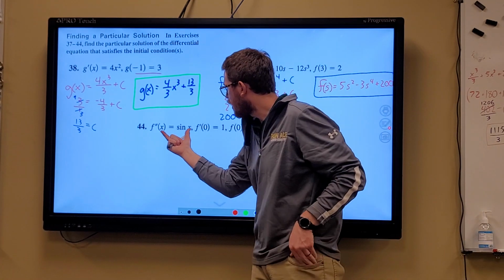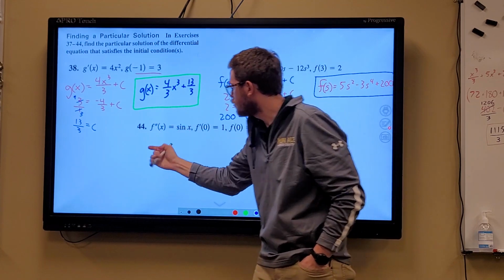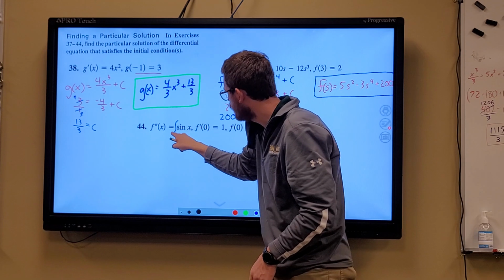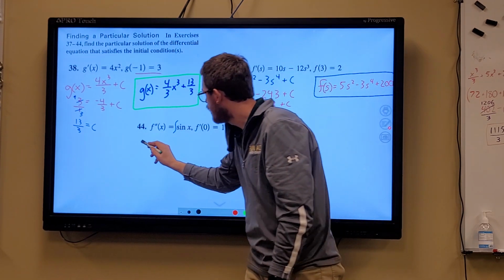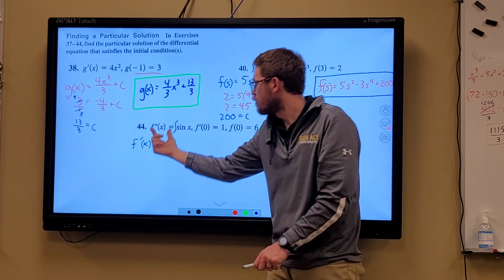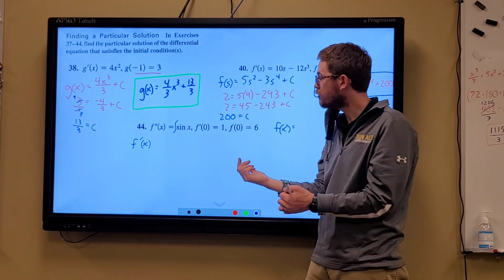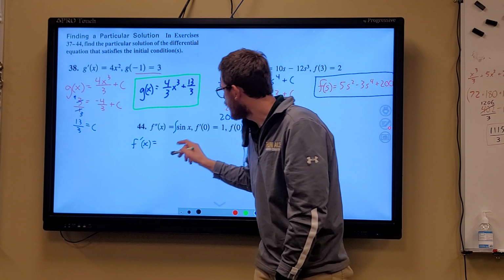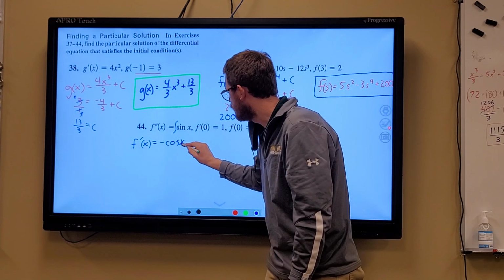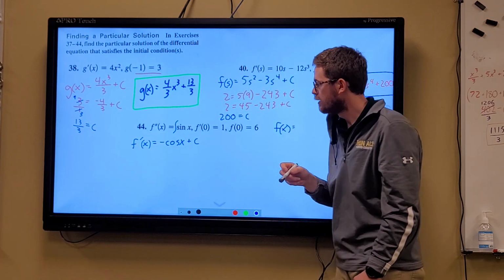So if I start by undoing one of the derivatives, backing it up one by integrating sine of x, from the second derivative I'm backing it up to the first derivative, and when I integrate sine of x, I get a negative cosine of x plus c.